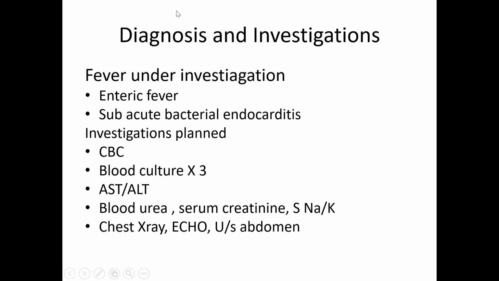So investigations for endocarditis were done: 3 blood cultures were sent, along with the CBC and biochemical tests for liver injury, and baseline kidney function with serum creatinine and blood urea was also sent. The plan was to get a chest X-ray, echo, and ultrasound examination in this patient to find out the cause for the fever.